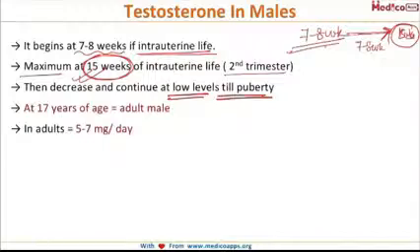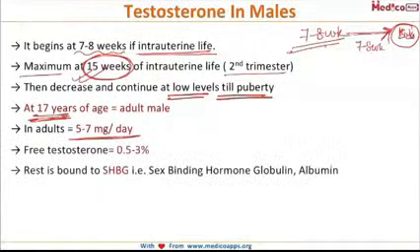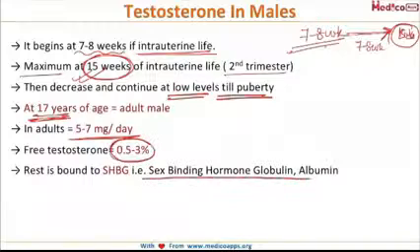Now when does the secretion of testosterone become equivalent to that of an adult male? It is at 17 years of age. And what is this value? It is 5 to 7 milligram per day. Out of this 5 to 7 milligram, only 0.5 to 3% is the free testosterone, and the rest is bound to the sex hormone binding globulin and albumin.